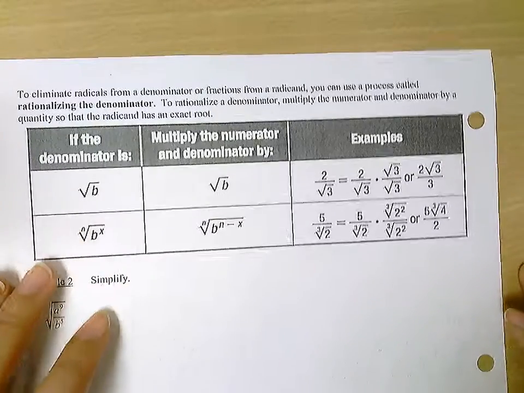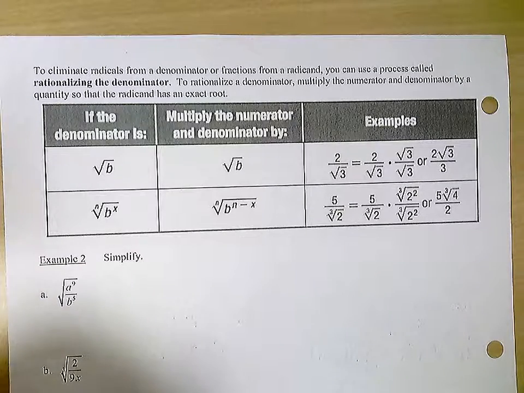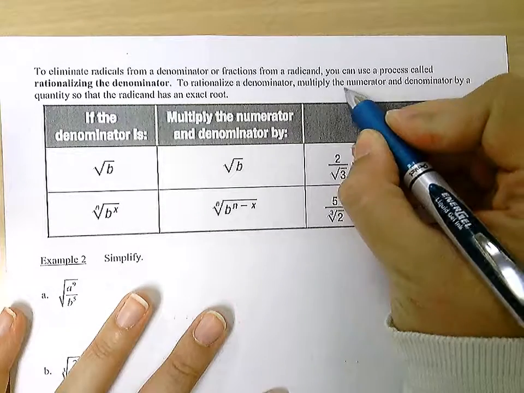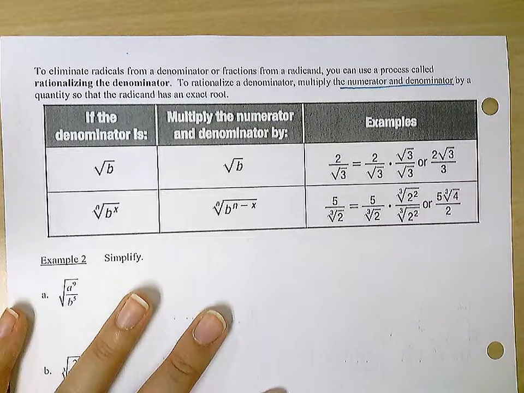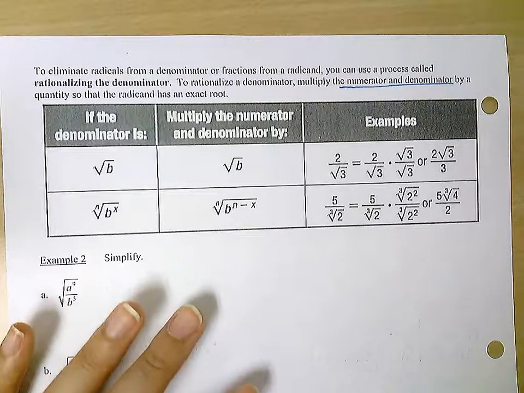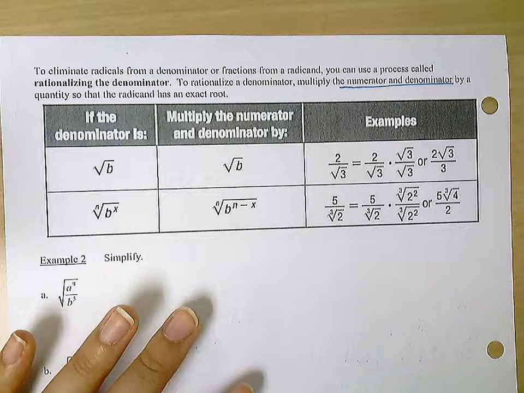All right, so looking at the back then, to eliminate radicals from a denominator or fractions from a radicand, you can use a process called rationalizing the denominator. To rationalize the denominator, multiply the numerator and denominator by a quantity so that the radicand has an exact root.